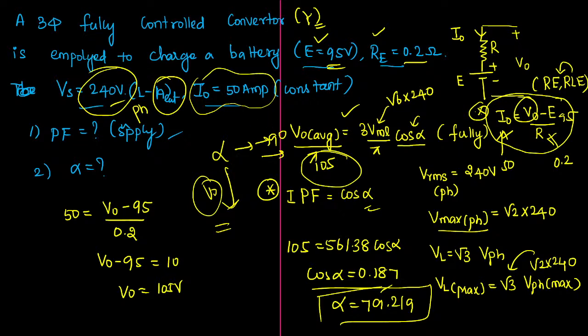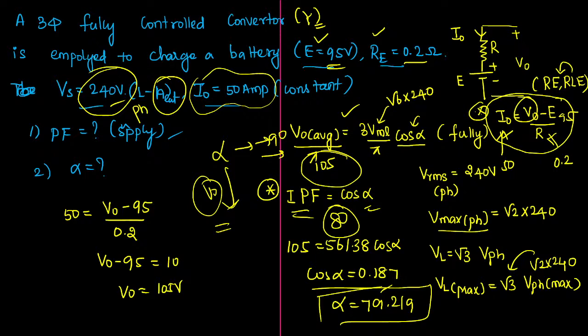When the value of alpha is given as 80 degrees, we can now substitute all these values. So alpha became 80 degrees. Guys, do remember one more thing: alpha has not crossed 90 degrees. When alpha goes beyond 90, then the case will be different, and the output voltage will become completely negative.